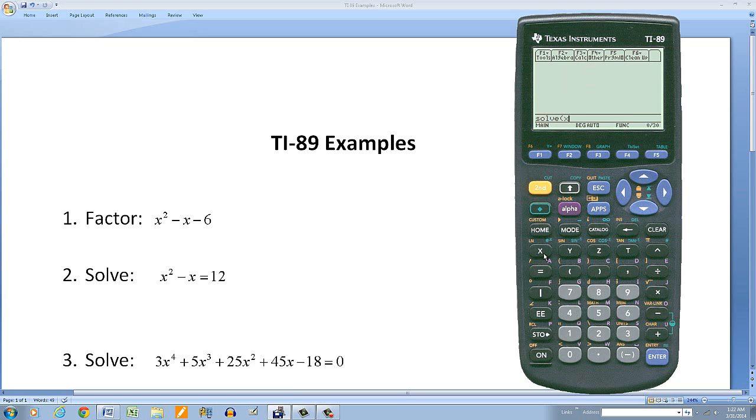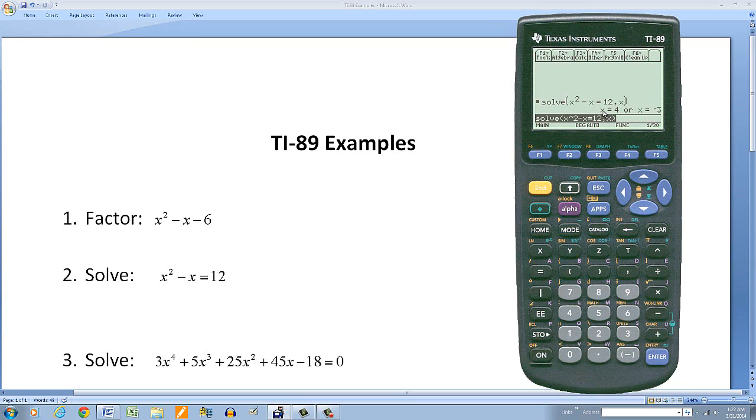Enter x to the second minus x equals 12. Here I have to define the variable, so I enter a comma and tell the calculator I'm working with x as the variable, then close the parentheses and hit enter. So I get my solution: x equals 4, x equals negative 3.